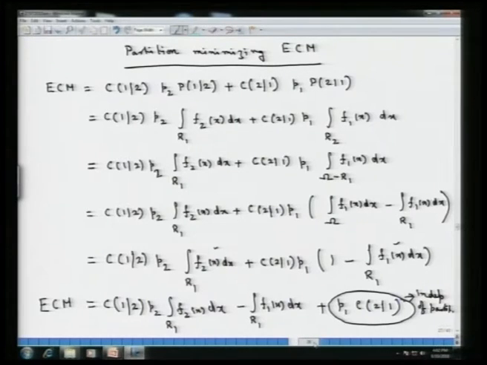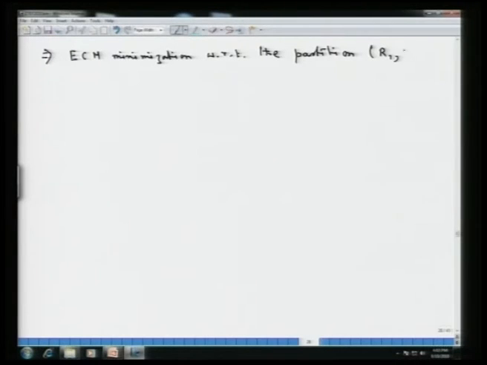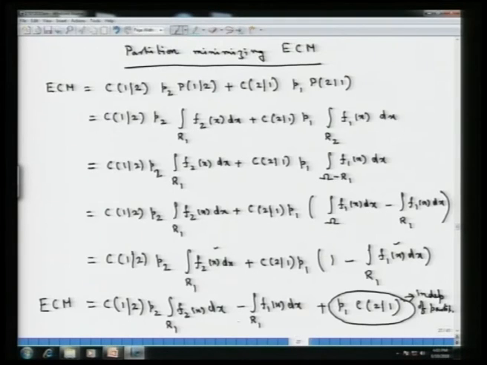So this would imply that minimization of the expected cost of misclassification with respect to the partition, the partition being our R1, R2, is equivalent to minimization of the following quantity, of this first expression here.